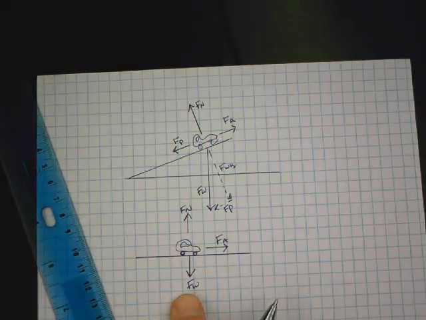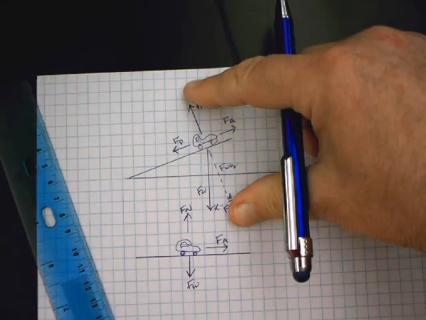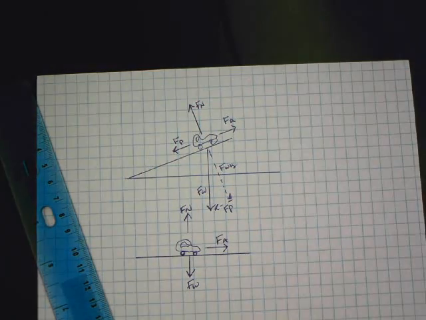And this would be on the flat ground. This would be when it's on the inclined plane. The two FNs are not the same, but the FAs are the same. And the FWs will be the same because it's the same car in both cases.